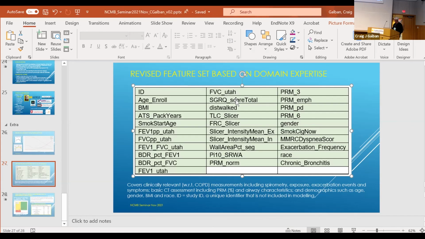SGRQ is the St. George respiratory score. Distance walk is exercise capacity. TLC and FRC are lung volumes.